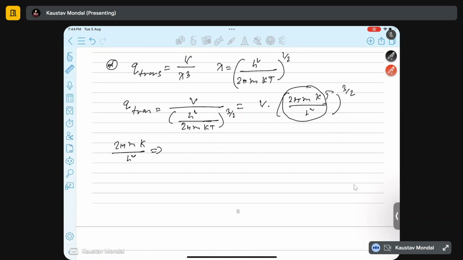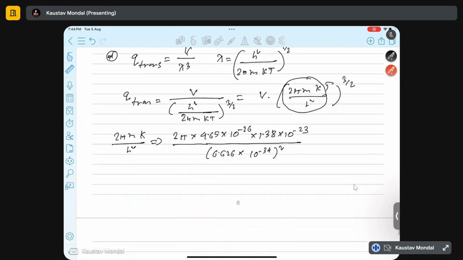So how can we do that? 2 pi m, we know, 4.65 into 10 to the power minus 26 that we have calculated earlier. k we know, 1.38 into 10 to the power minus 23. h square is 6.626 into 10 to the power minus 34 whole square. This whole thing is to the power 3 by 2.